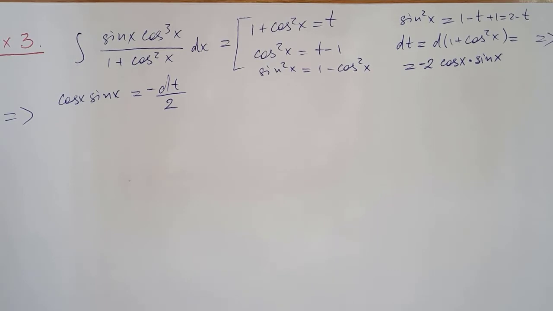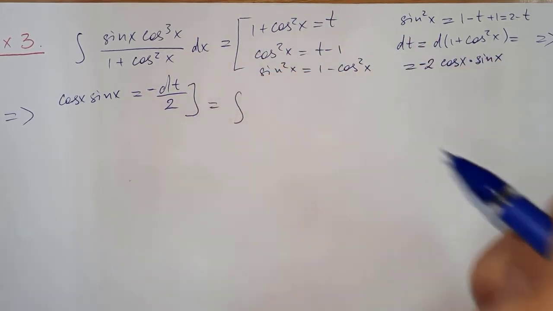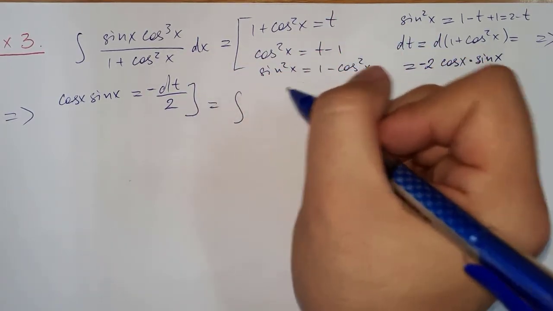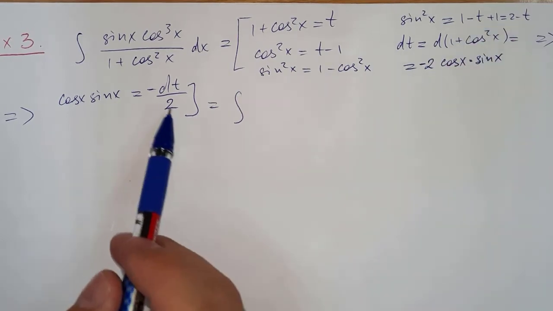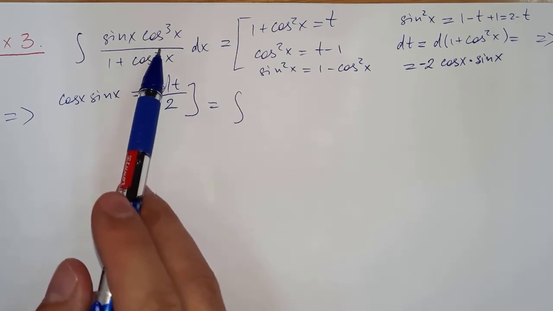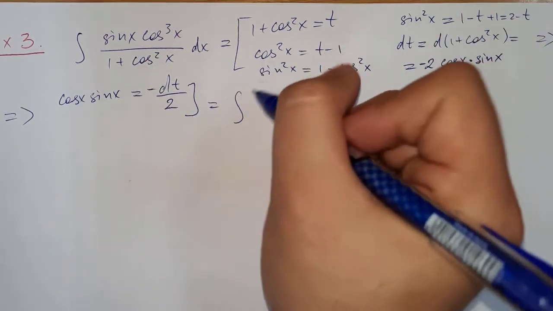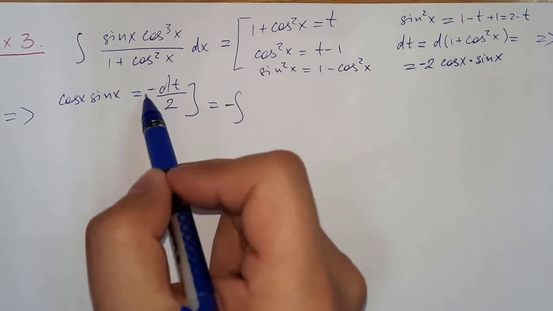Okay. And now let's put all of them into our integral. So the integral: sine x times cosine x gives us minus dt over 2. And we have just cosine squared x, so cosine squared x is t minus 1, with this minus dt over 2. Here minus, it's minus.